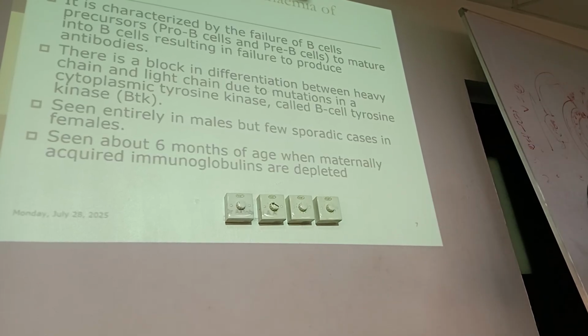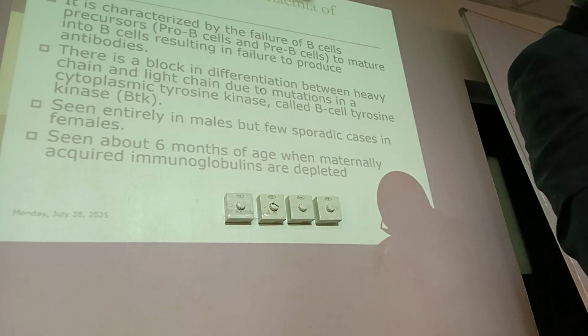Because there are no B cells, there cannot be plasma cells, and if there are no plasma cells, there cannot be immunoglobulins. And then the maternally acquired antibody would have been depleted. It is seen about 6 months of age when maternally acquired immunoglobulins are depleted.